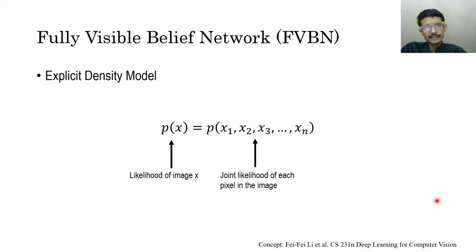Now we will discuss the fully visible belief network. This is an explicit density model. That is, the likelihood of image X is basically a joint likelihood of each pixel in the image, p of x1, x2, and so on. That is the way to understand it: a single image X is basically the joint probability of all the pixels.